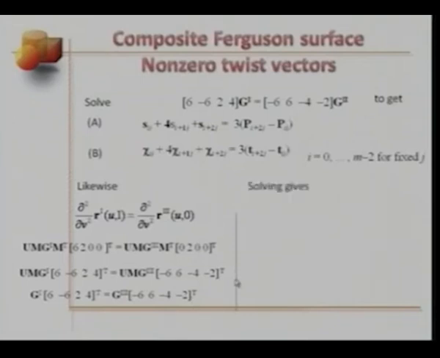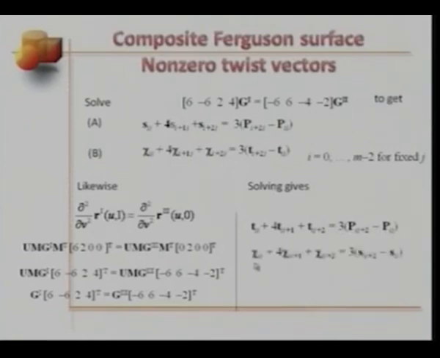If we simplify, we get another set of equations. Now, in terms of tangents along the v direction: Tij plus 4 Tij plus 1 plus Tij plus 2 equals 3 times Pij plus 2 minus Pij.